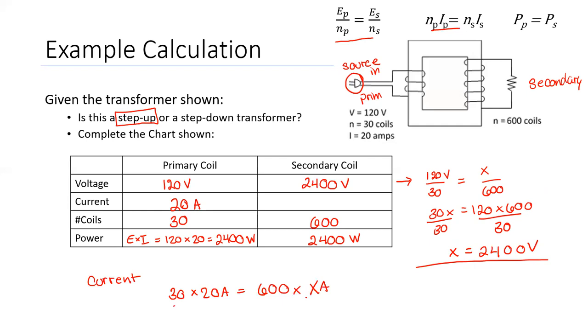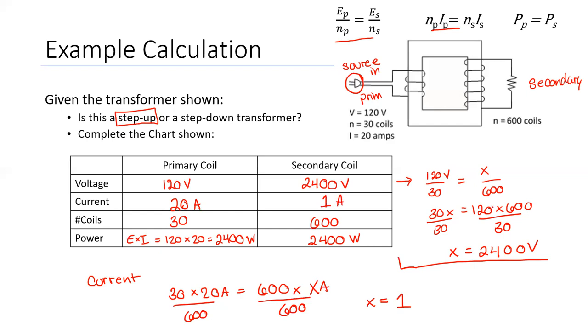Divide both by 600. And X is equal to 30 times 20 gives me 600, divided by 600. 1 amp.